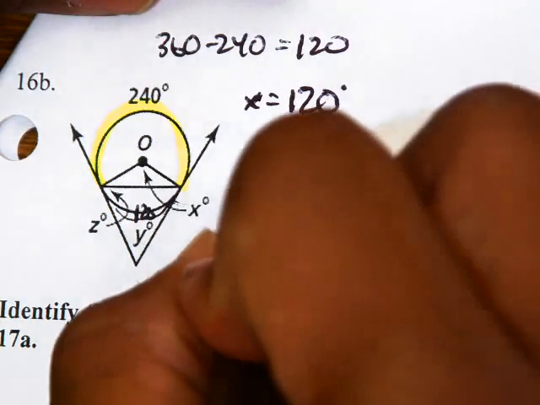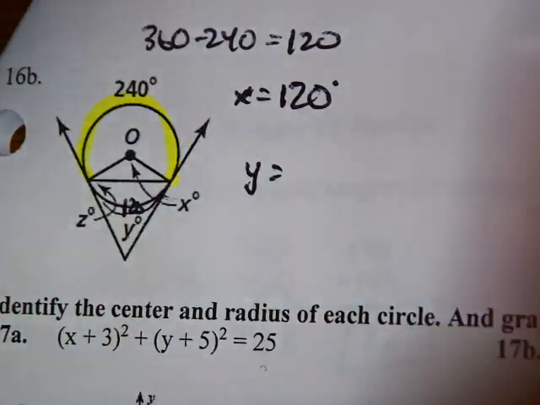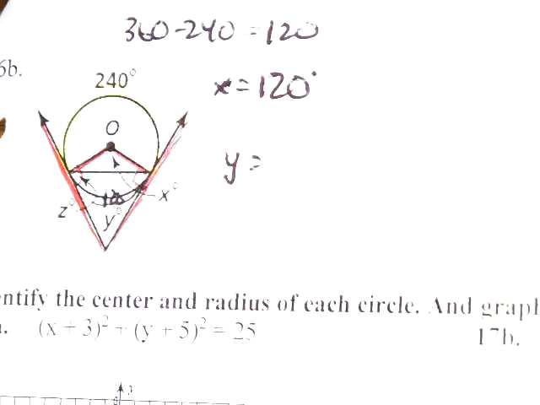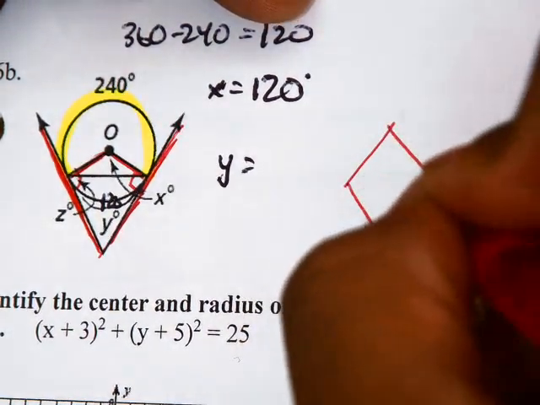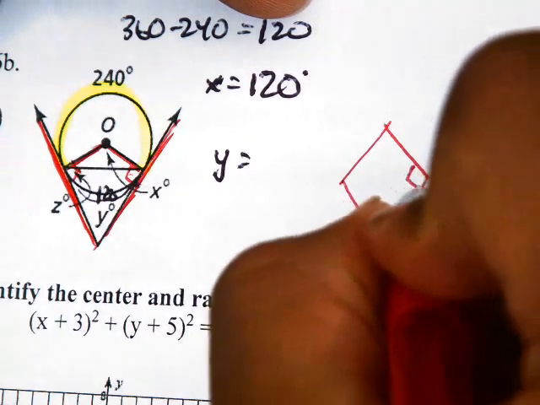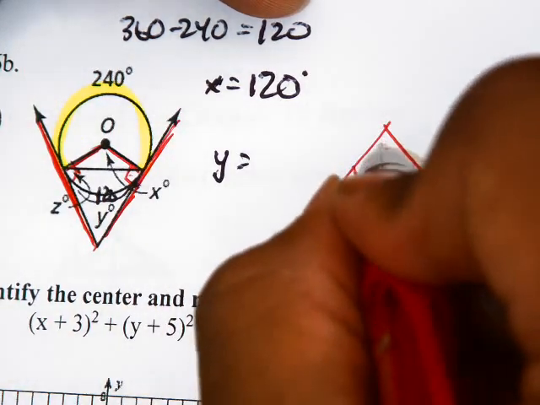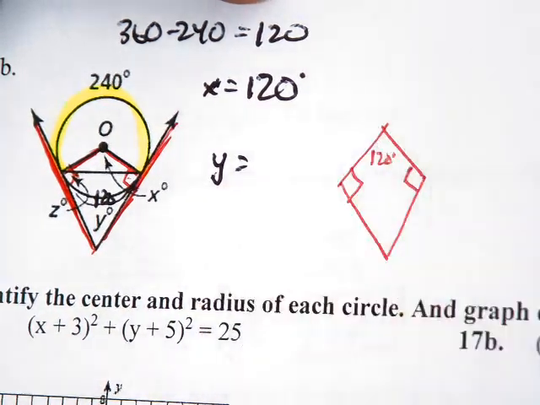For Y, you guys notice these are tangent lines. And tangent lines form 90-degree angles. So I'm going to redraw that picture there. These are 90-degree angles. This we just found out was 120 degrees.